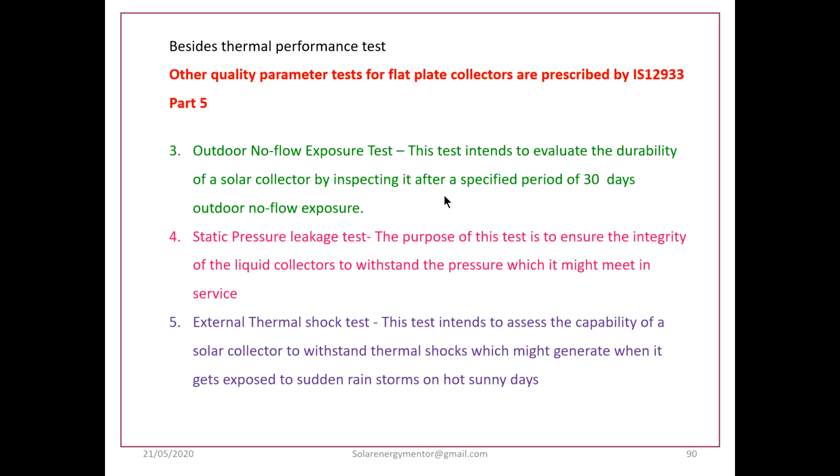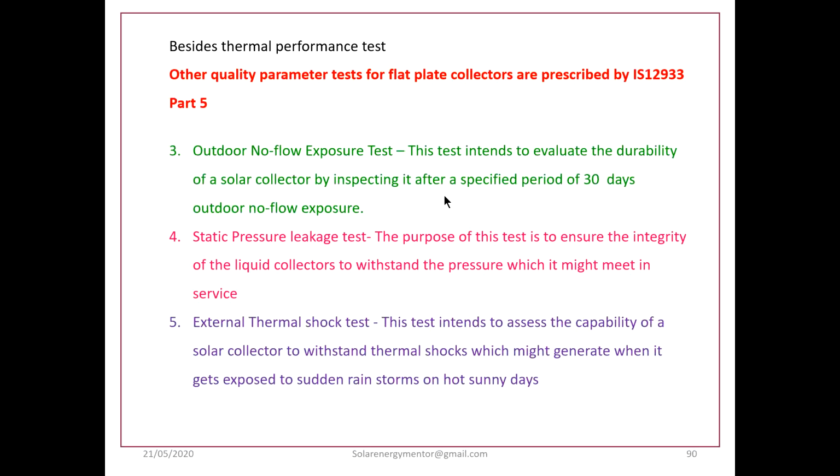This test intends to evaluate the durability of a solar collector by inspecting it after a specified period of 30 days, 30 days outdoor no flow exposure. So you keep the collector for 30 days and you measure the solar radiation intensity.